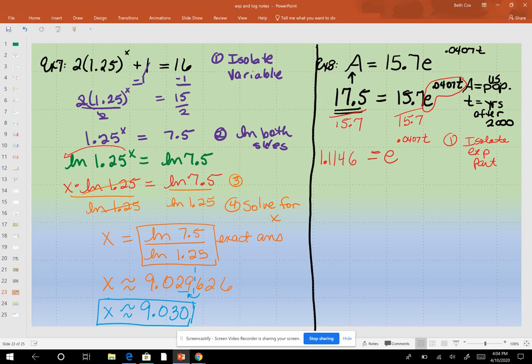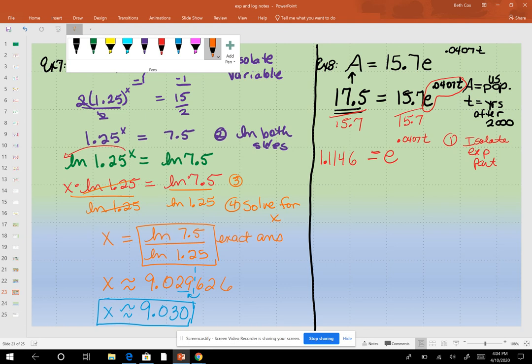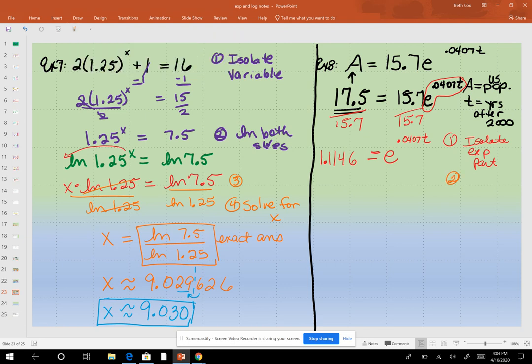All right, so now the next step is to natural log both sides, because once I've isolated, then I'm going to natural log both sides. So that's going to give me the natural log of this 1.1146 is equal to the natural log of e to the 0.0407t.